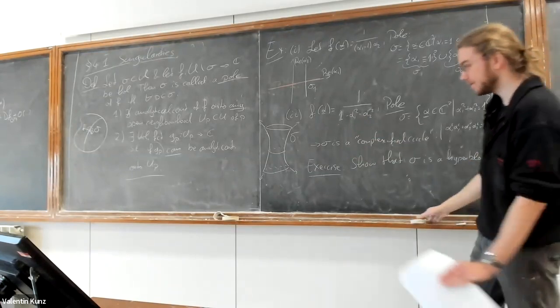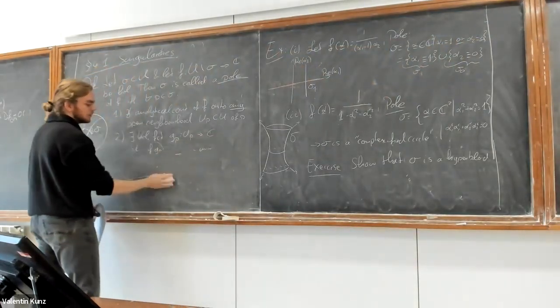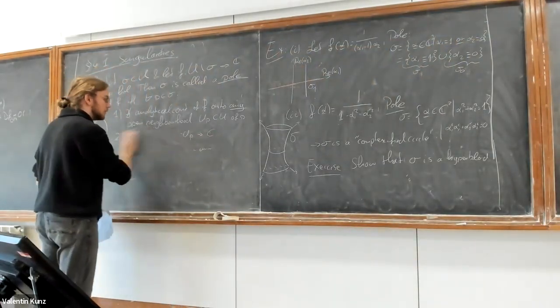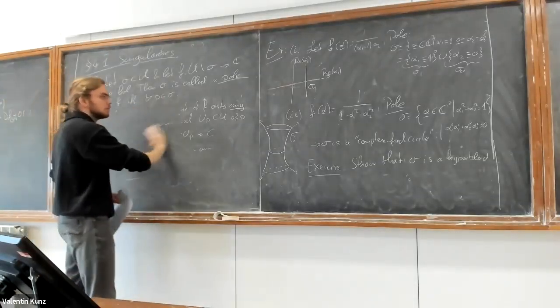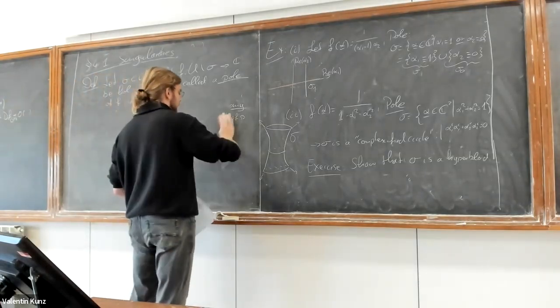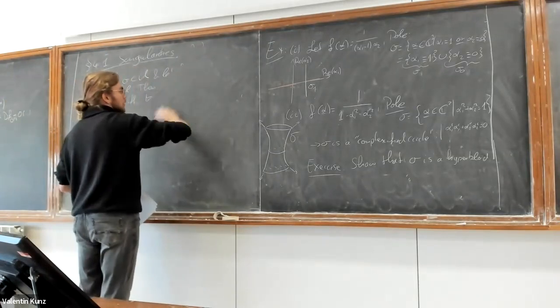Just one last comment on example 1. The question I was asking about the order of the pole: in that example, one would almost think that each point of sigma 1 and sigma 2 is a pole of order 1.